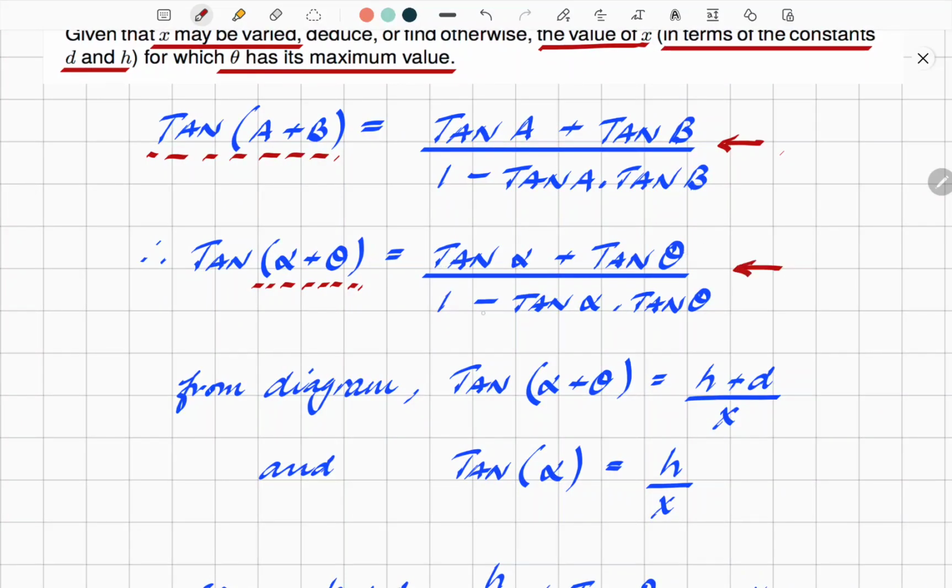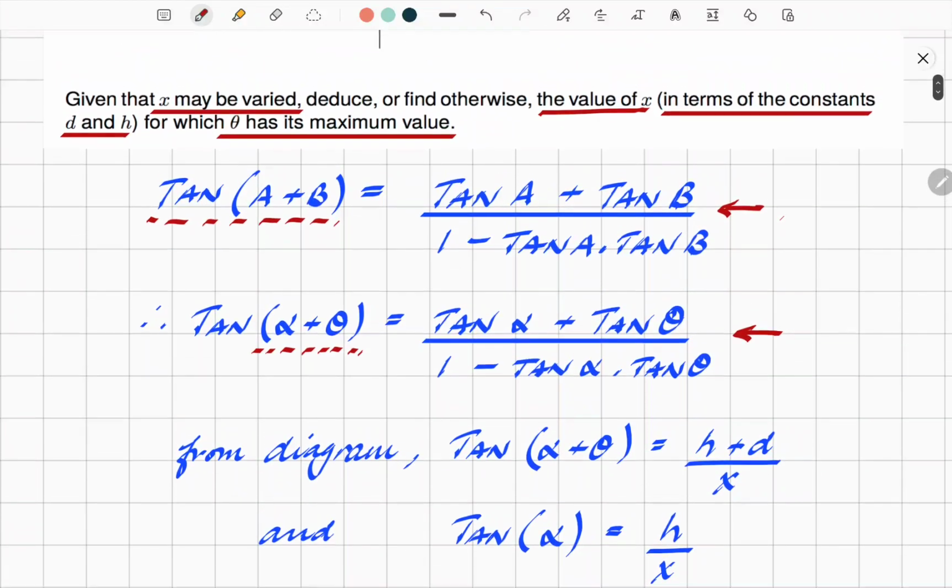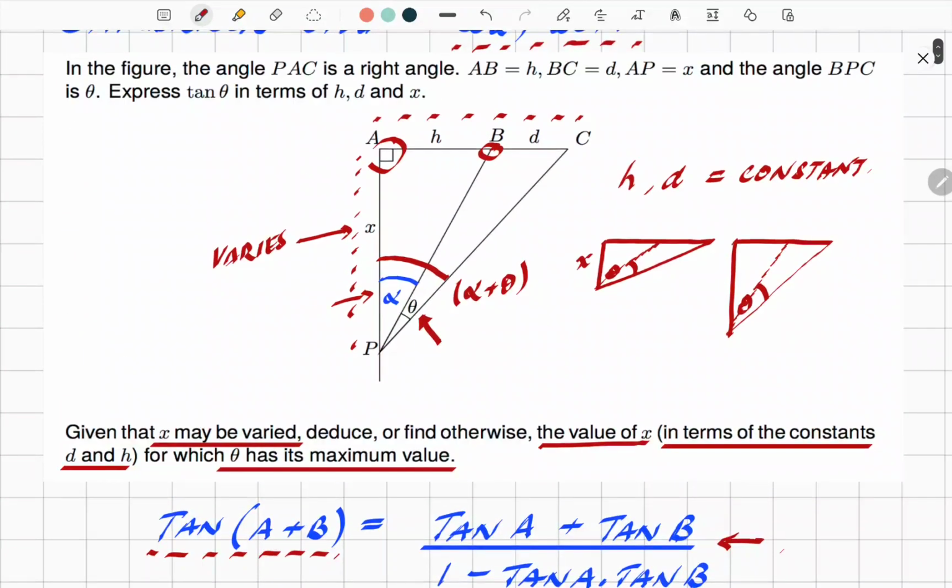From the diagram, the tan of alpha plus theta is the opposite, AC, over the adjacent, which is AP. And that turns out to be h plus d over x.